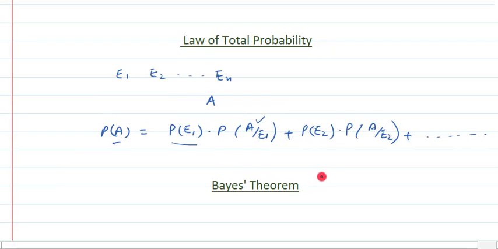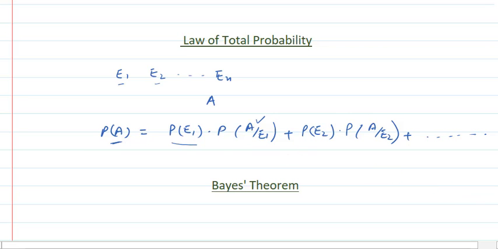As I made you understand in the example that P(A) is the event when first of all E1, E2 or any of the events En is happening, and after that we are calculating the happening of event A. But if we need to find out that corresponding to which event this event A is happening, then we will use Bayes theorem.